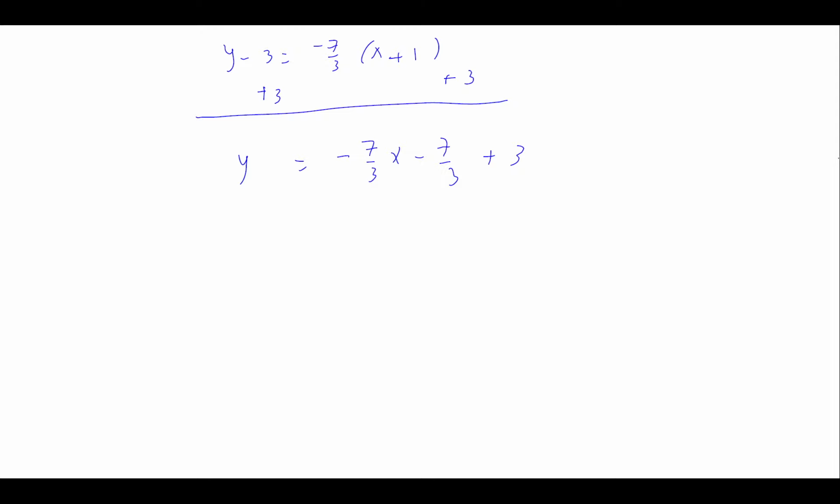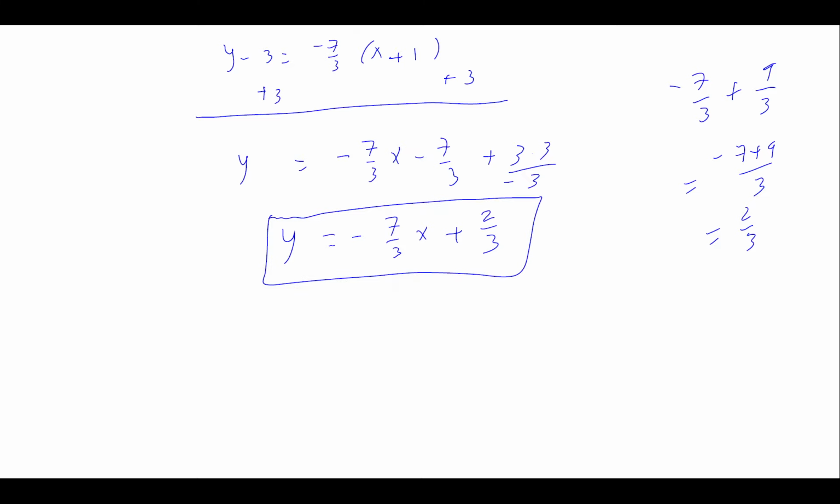We have to combine these two, and that's only possible if you make the same denominator, so -7/3 x, and just add these two: -7/3 plus 9/3, that's -7 plus 9 over 3, which is 2/3. So that will give us +2/3.